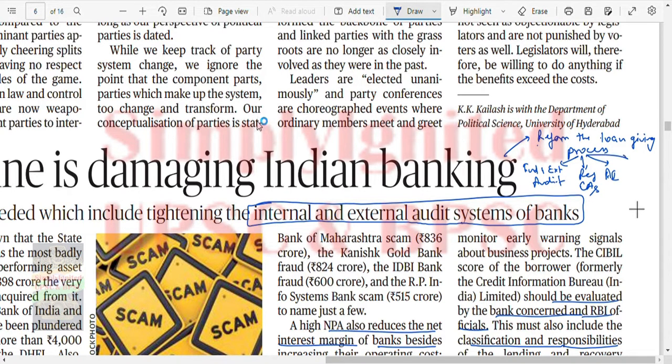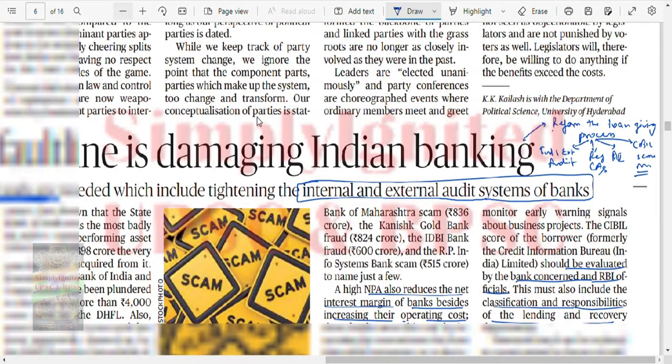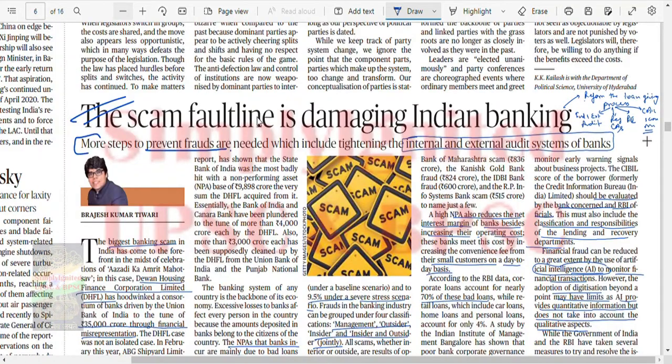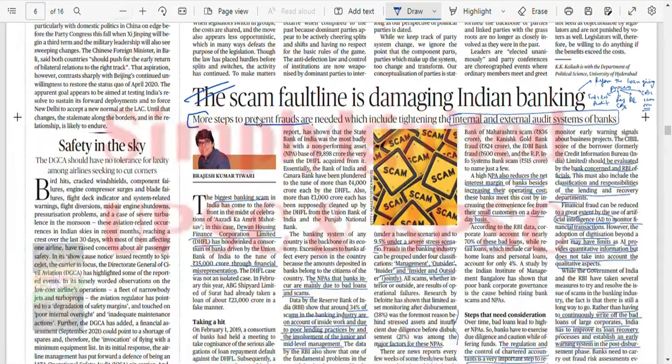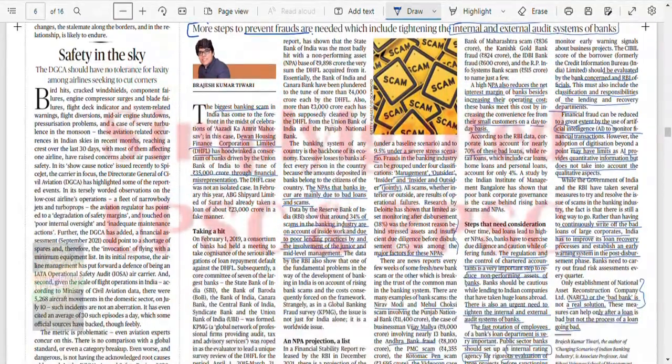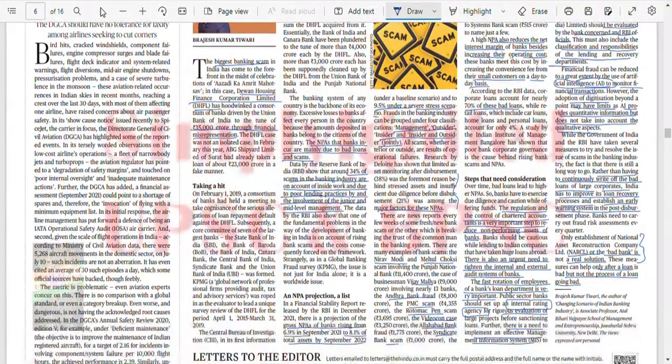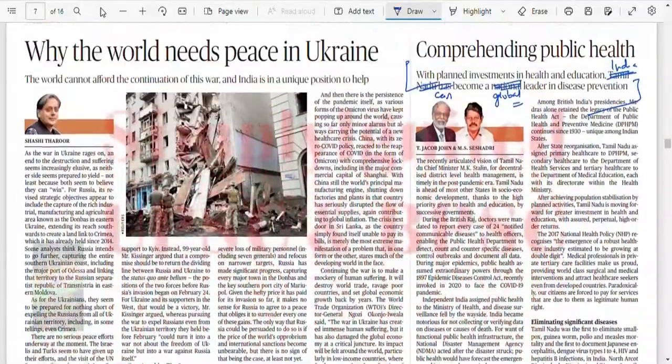CIBIL score monitoring. There are many things, so you can make a note of it if you require, but these are very general points. We know these things as we have been preparing for the exam. Fine. So nothing on this page.